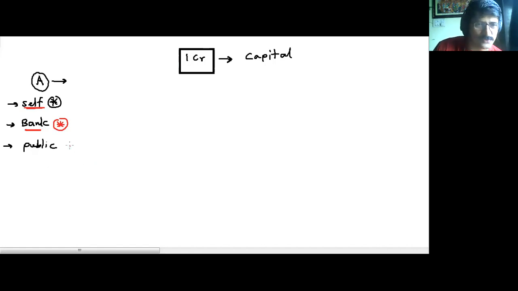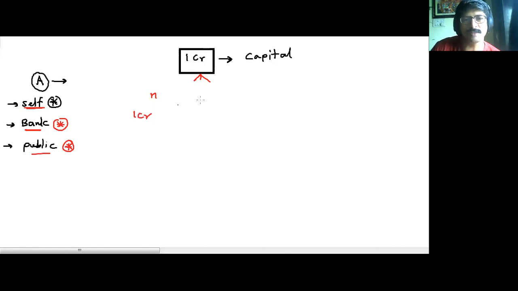Then the third option is go to the public. Okay. When he is asking the money from the public, now for the public, how simple it is. Look at this. Now they will divide this 1 crore into, say, 1 crore parts. So numbers are 1 crore.